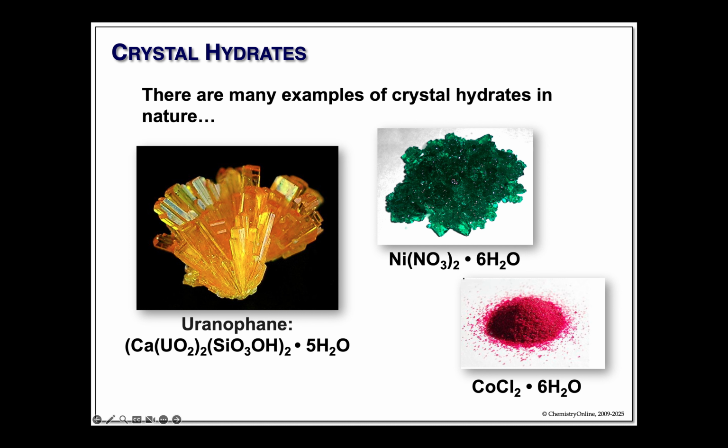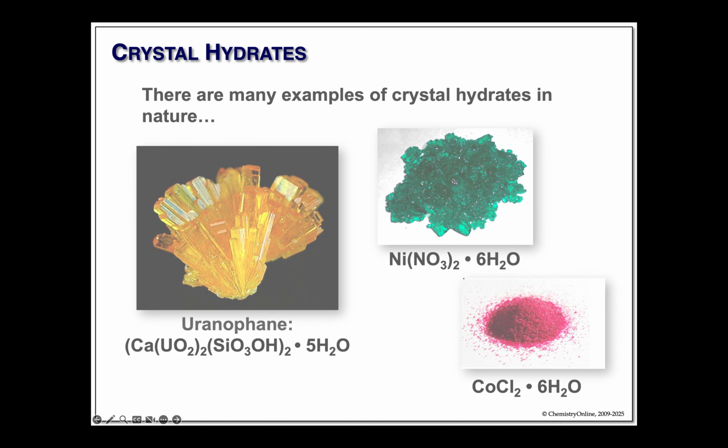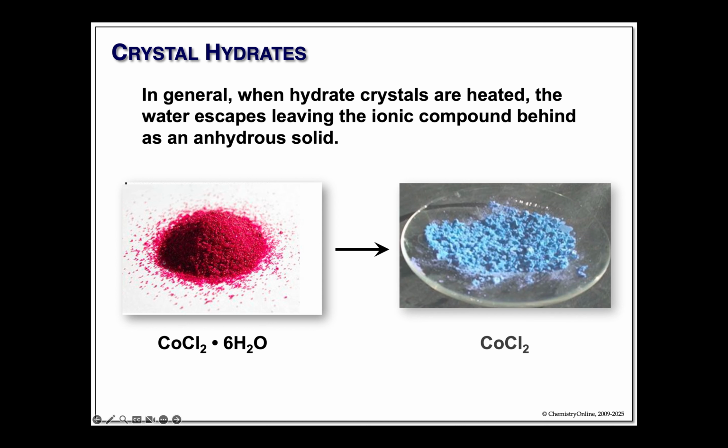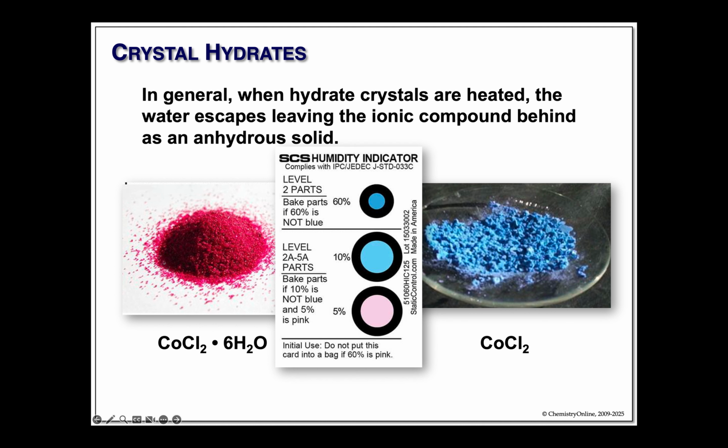And so if you take this and you place it in different stages of humidity, it will undergo spontaneous dehydration. This is the hydrated form, and we get a nice lovely blue for the dehydrated. What you do is you take this stuff, you put it on a little card, and depending upon the relative humidity, it will change color. So kind of an interesting thing.